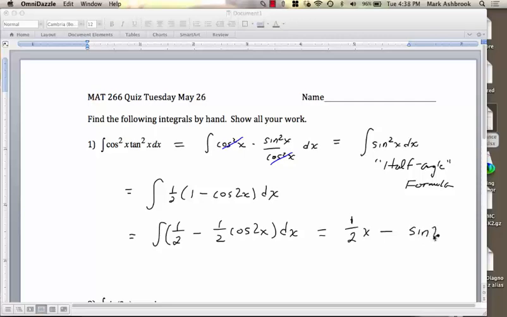So you're going to have sine of 2x, because the antiderivative of cosine is sine. But then I'm doing the chain rule. We've got this 2 here, and then we got another 1/2 here. So this 2 results in a 1/2, and we have the 1/2 already, so that makes 1/4. Plus c.